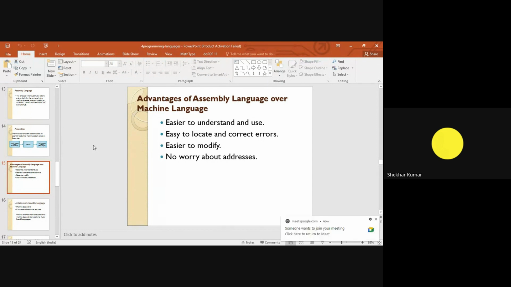It is easily understood by humans as compared to machine instructions, because it uses statements, instructions in name form, some mnemonics instead of binary digits.